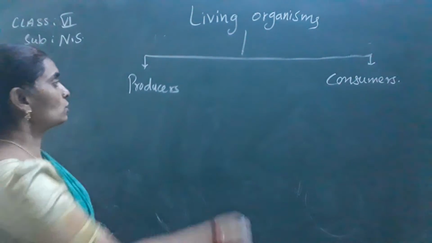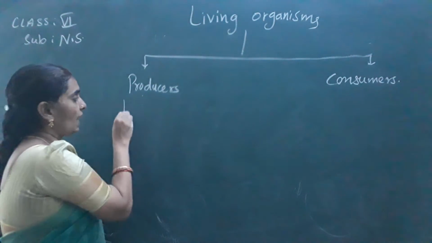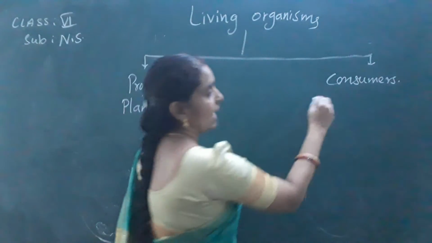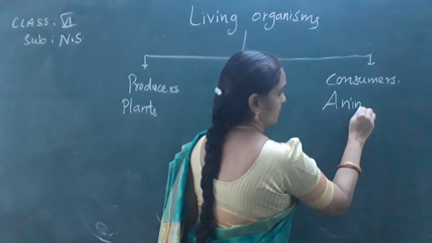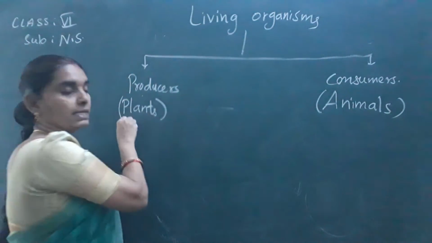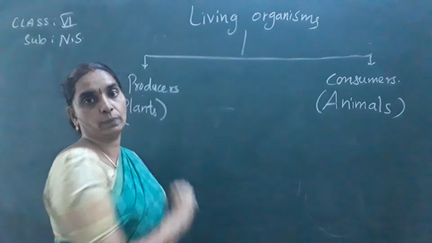Okay, children. So what are producers? Plants are producers. What are consumers? Animals are consumers. How can you say that plants are producers and animals are consumers?